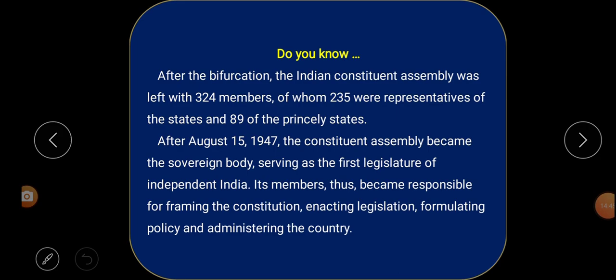Next, do you know? After the bifurcation, the Indian Constituent Assembly was left with 324 members, of whom 235 were representatives of the states and 89 of the princely states. That means when India was divided into two, the Constituent Assembly was left with only how much? 324 members.